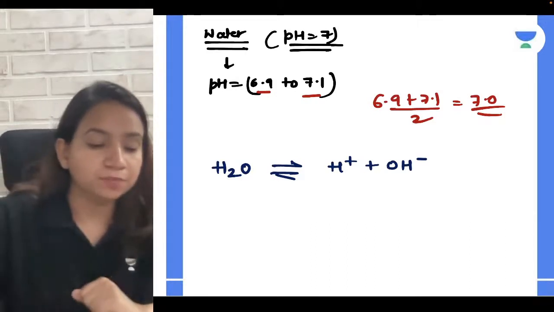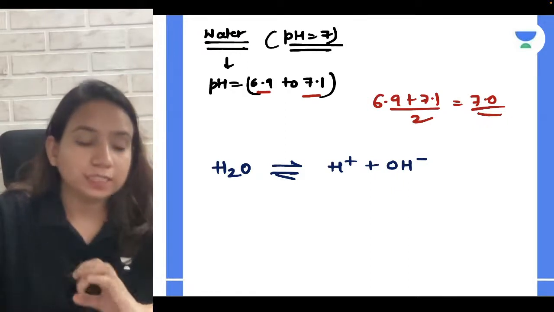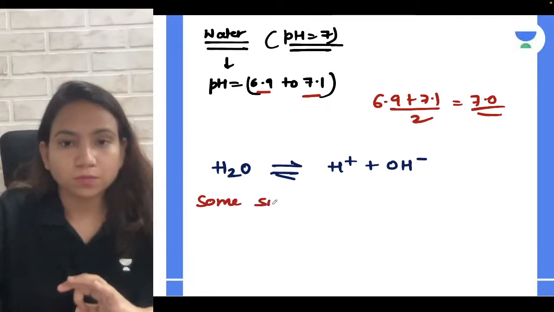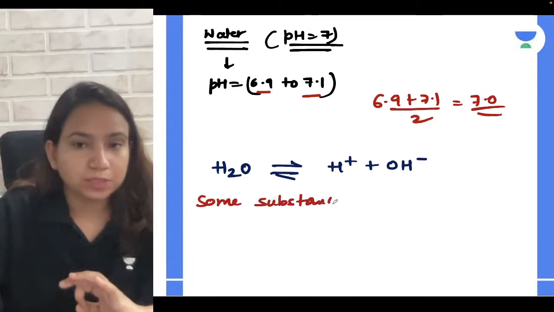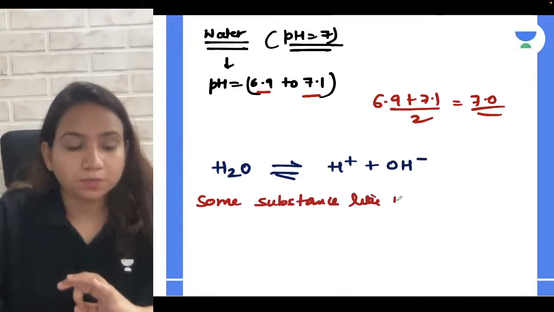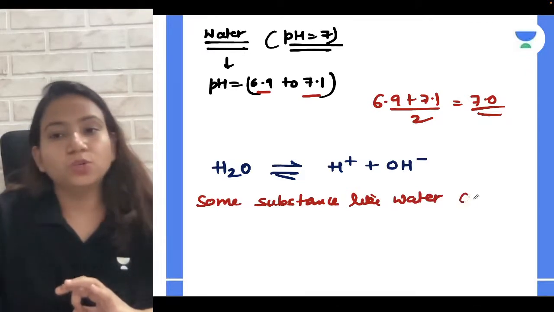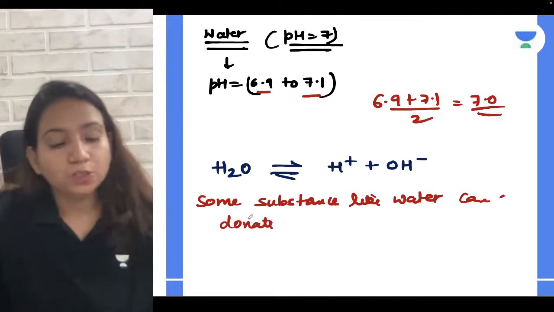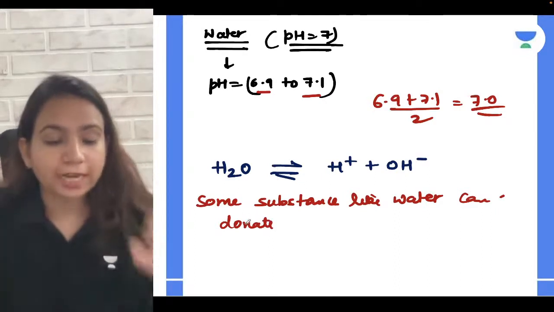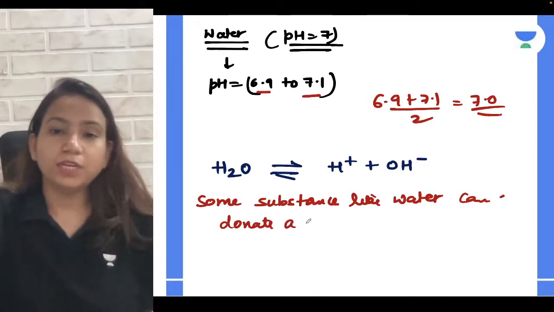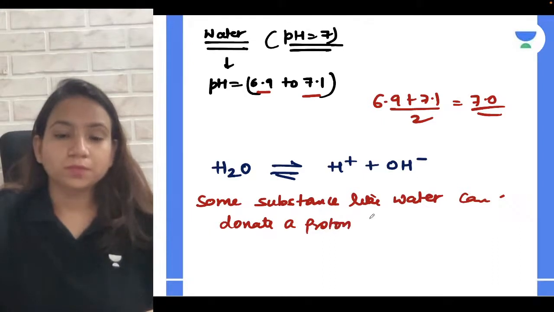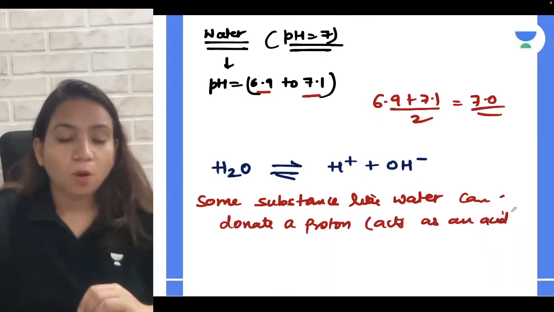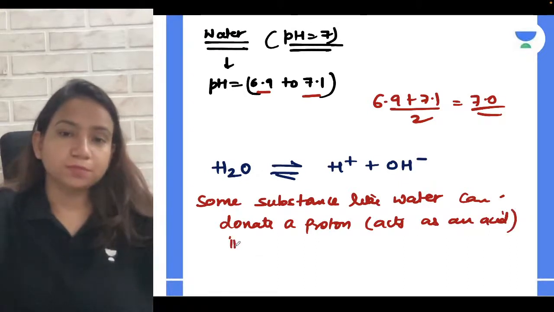So basically, what we can relate is that some substances like water can donate a proton, meaning they act as an acid. Can donate a proton, means acts as an acid in the presence of a base.